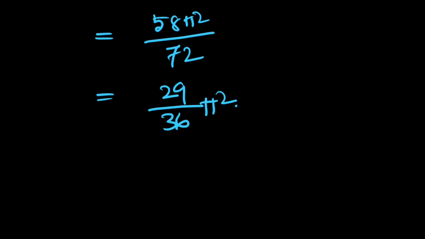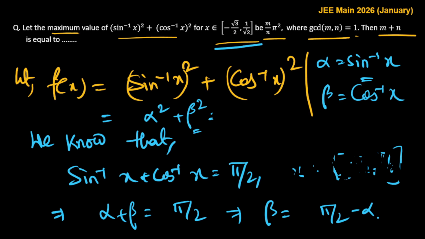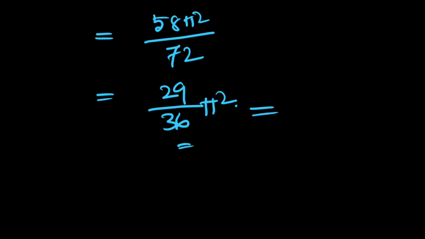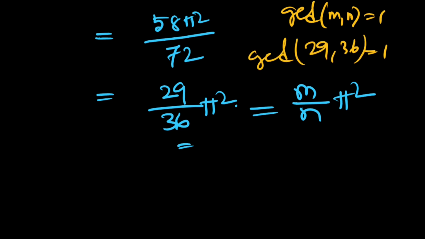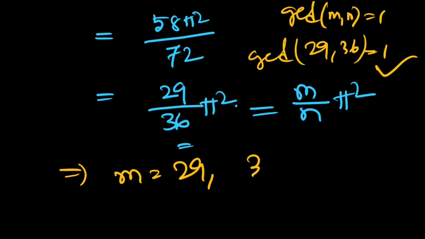It is given that the maximum value of this function is m by n pi square, and also that GCD of m comma n is equal to 1. So 29 and 36 have GCD 1, so that is correct. This implies our m value is 29 and n value is 36.